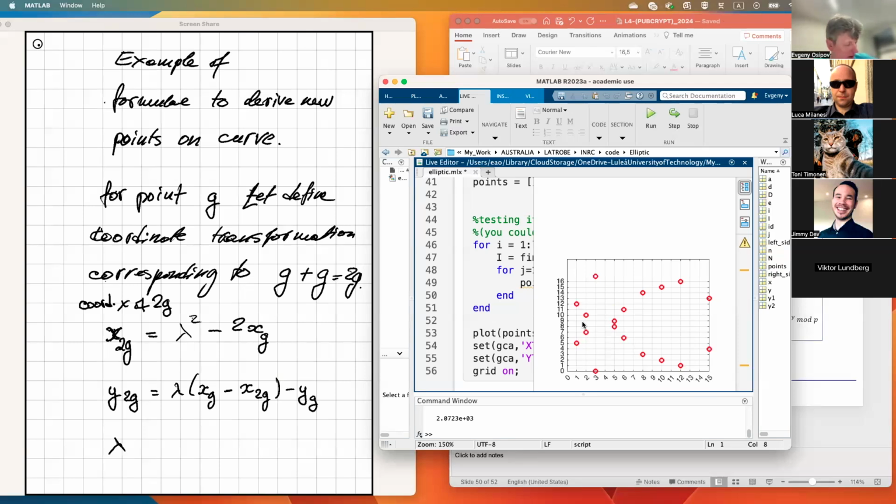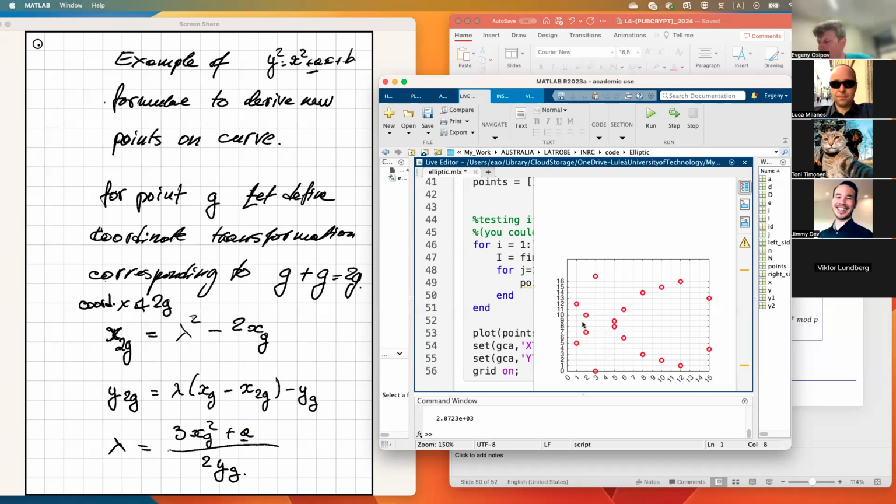And lambda would be (3 x_G squared plus a) divided by 2 y_G. So this a is a parameter of our curve: y square equals x cubed plus a x plus b. So this is a here and a here.